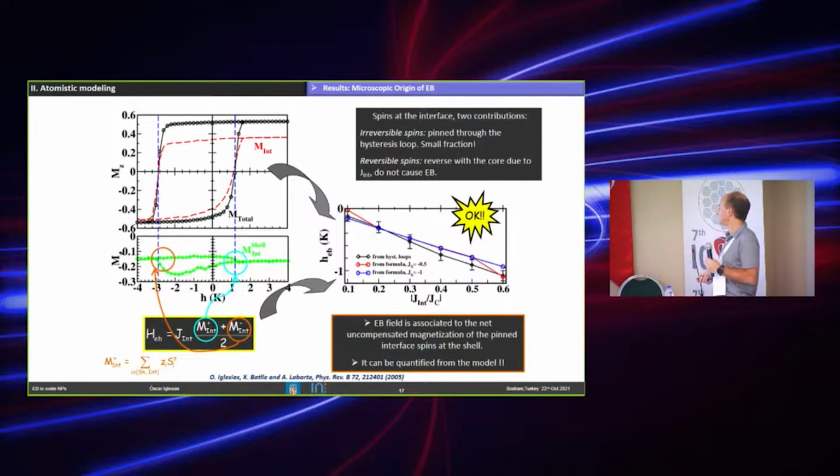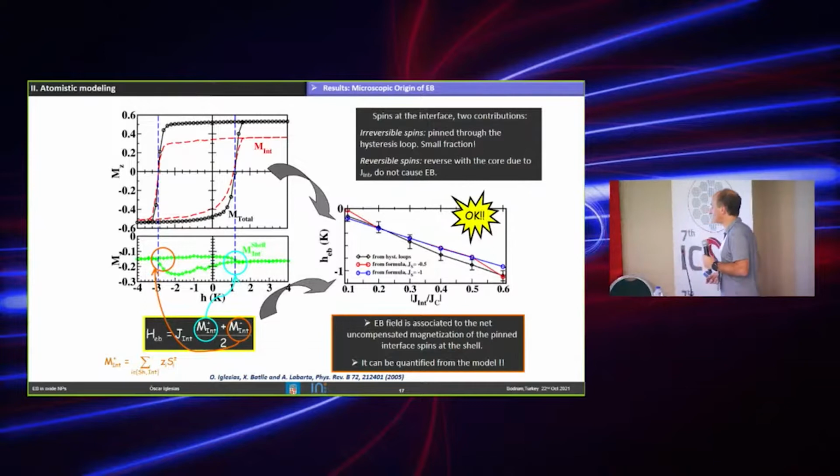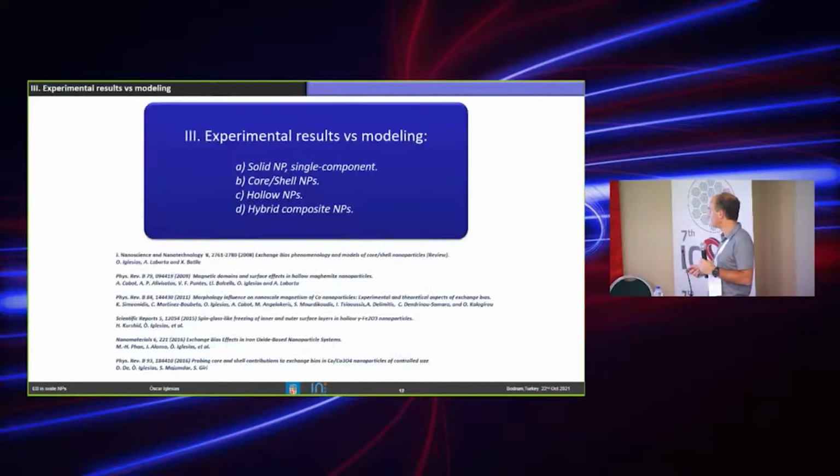And we can deduce from here that the exchange bias can be quantified, and that the exchange bias field is associated to the uncompensated magnetization of the spins at the interface that do not reverse with the field. So this is the understanding that we can gain from a very simple model of a core-shell nanoparticle.